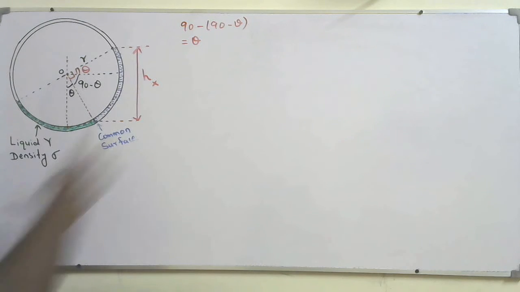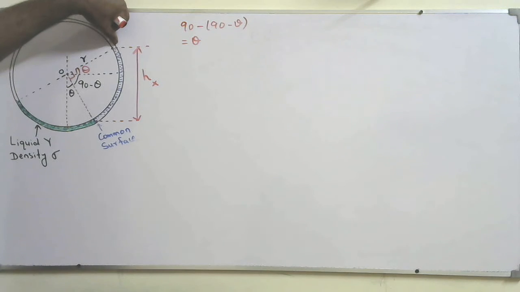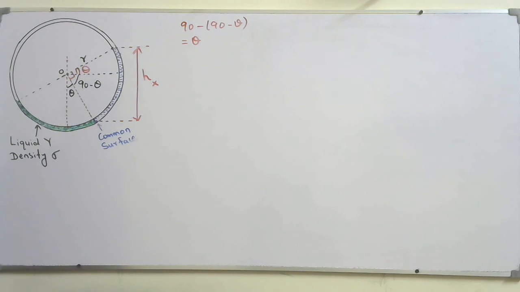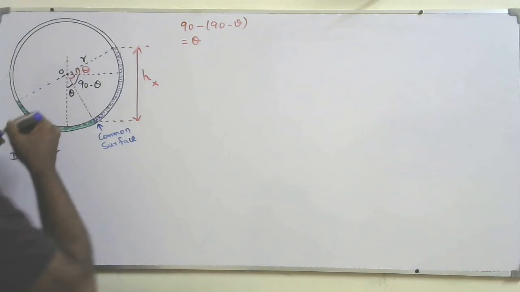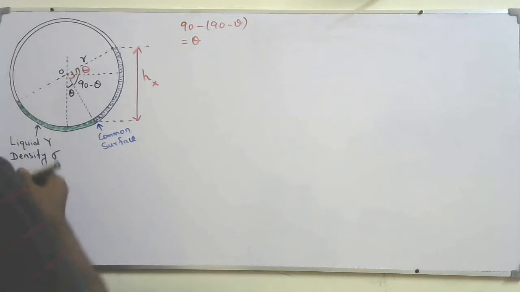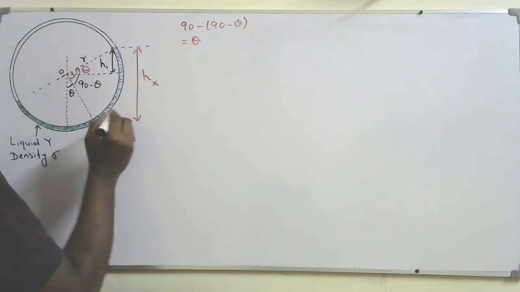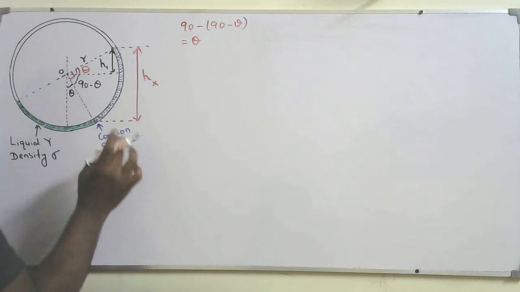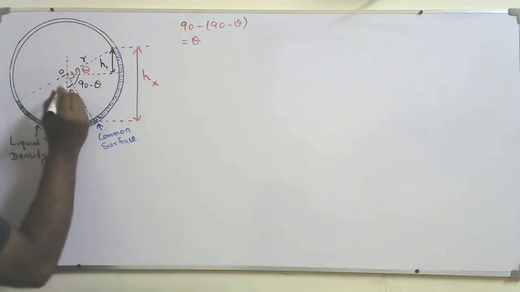So Hx is the height of the free surface of the liquid X above the common surface. Okay, so I need to find Hx. Hx is equal to this height. I need to find this height. I'll mark it with black ink. This I can call H1. Then I need to find this height, H2.